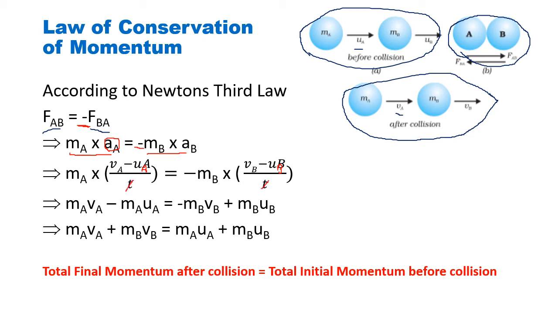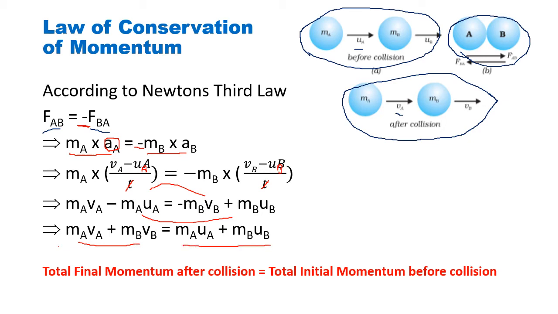Open the bracket, what do you get? mAvA minus mAuA equals minus mBvB, and minus minus becomes plus, plus mBuB. Now we take this on this side and the negative on the other side. So what do you get? mAvA plus mBvB equals mAuA plus mBuB.